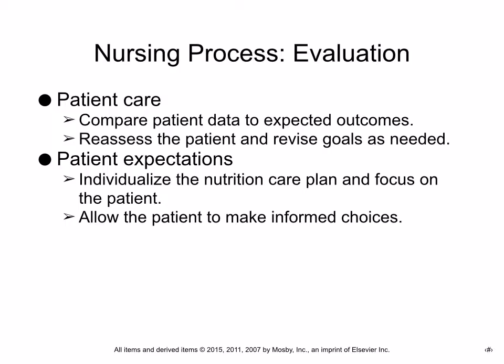So the patient is showing improvement in food choices, or improved intake of certain food types which the doctor wants. If the outcomes are not met, you reassess the patient to determine what went wrong, or if the patient has any question or any important data was missed.